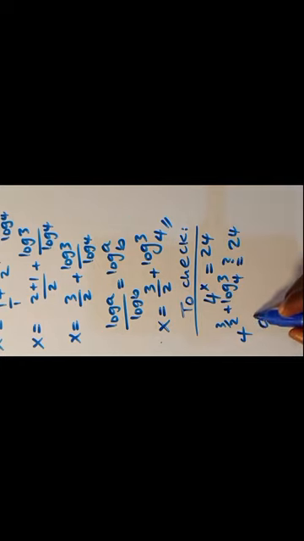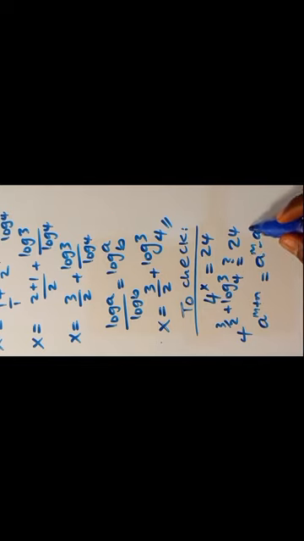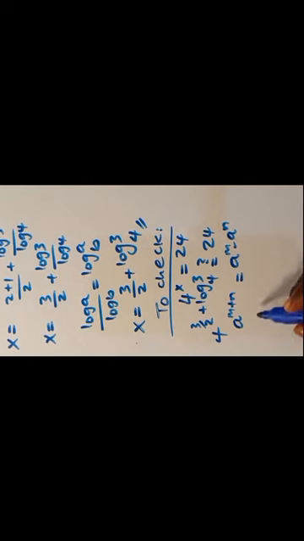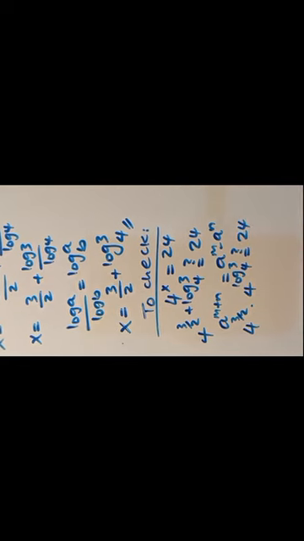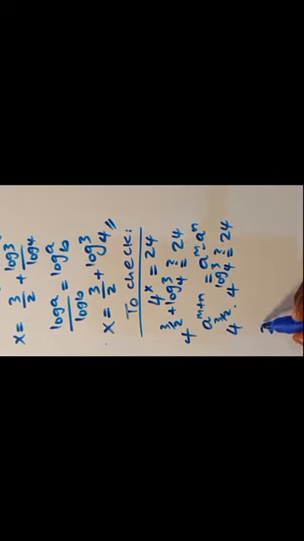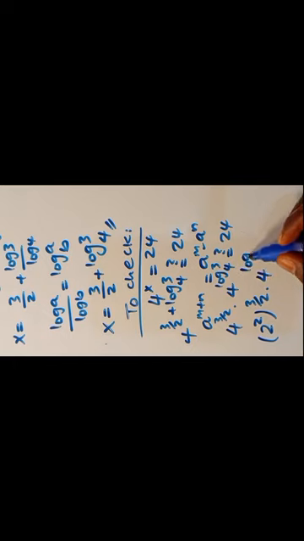When we have a to the power of (m plus n) equals a to the power of m times a to the power of n, this will be 4 to the power of 3 over 2 times 4 to the power of log 3 in base 4. Let's write 4 in base 2 as 2 squared, so (2 to the power of 2) to the power of 3 over 2 times 4 to the power of log 3 in base 4, and it's going to give us 24.